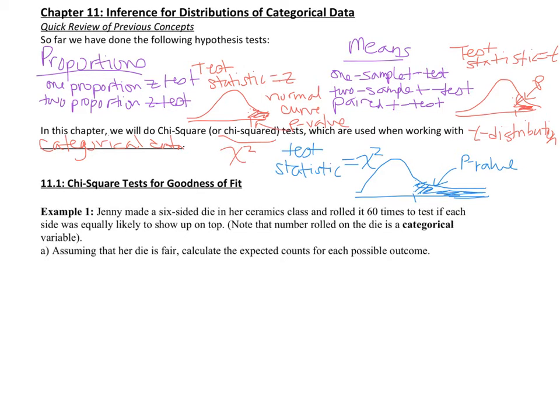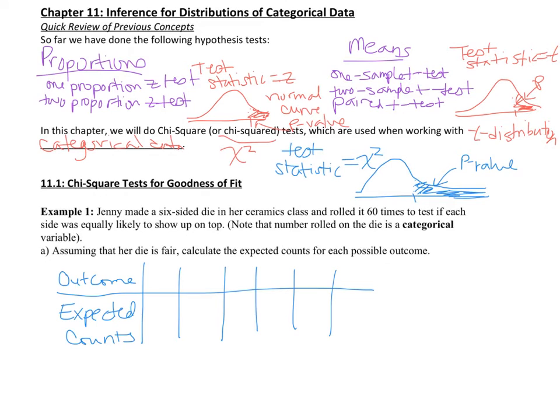Whenever you run a chi-square test, the first thing we are going to do is calculate our expected counts for each possible outcome. Now, when you're rolling a die, you're going to have 6 outcomes: 1, 2, 3, 4, 5, and 6. And it tells us that she's rolling it 60 times. So what we expect is that 1 out of 6 times will hit each number.